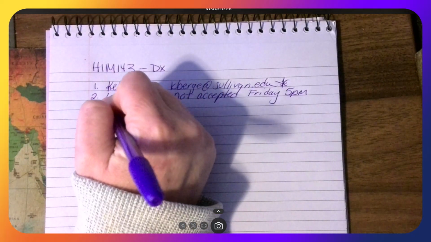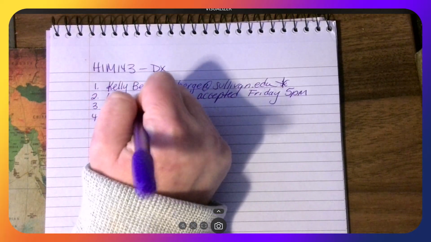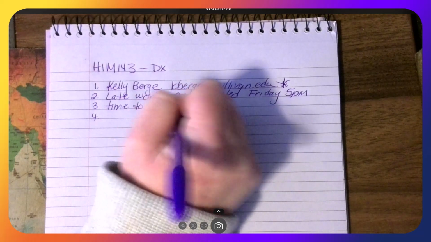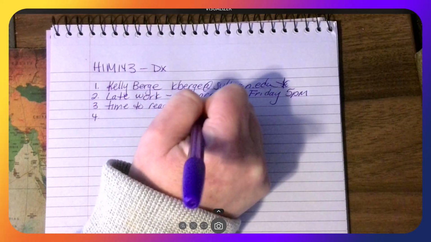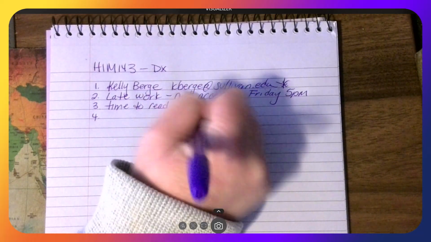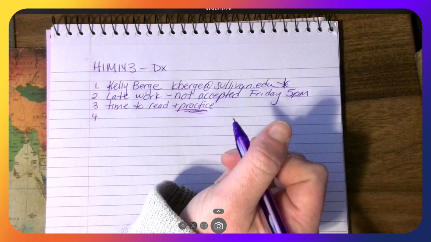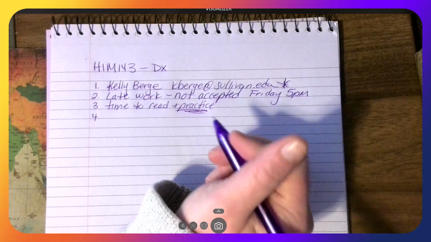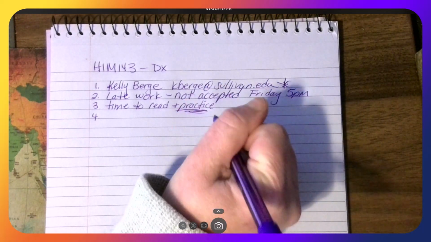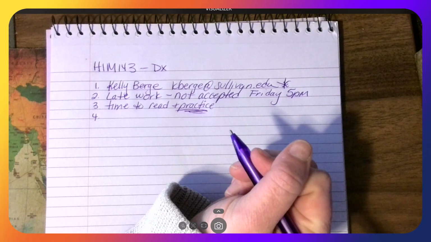It will take you time to read and practice. The students that practice are the ones that are the most successful in this course. So please make sure that you are reading the textbook and then practicing with your manual.